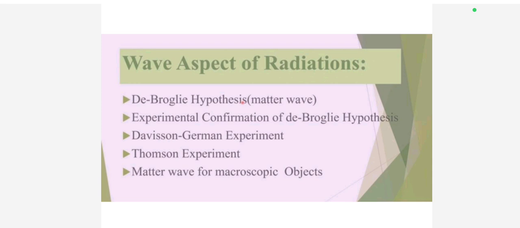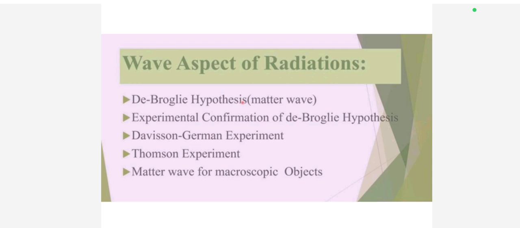This is basically the de Broglie hypothesis: matter behaves as a wave. And then the experimental confirmation of the de Broglie hypothesis is basically the Davisson-Germer experiment, which explains the wave nature of matter.